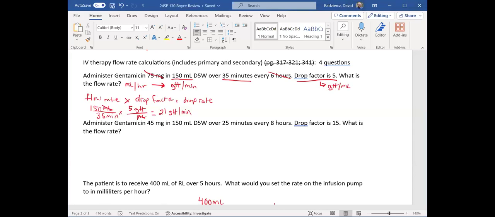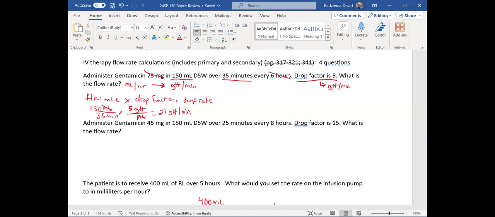However, I know definitively that when they ask these questions, it usually ends on a very solid answer, or it's something like 22.9, and then you're like, okay, it's 23, or 24.1, so it's 24. Okay, but for this, if it's me, I'm going to round this to 21 drops per minute.